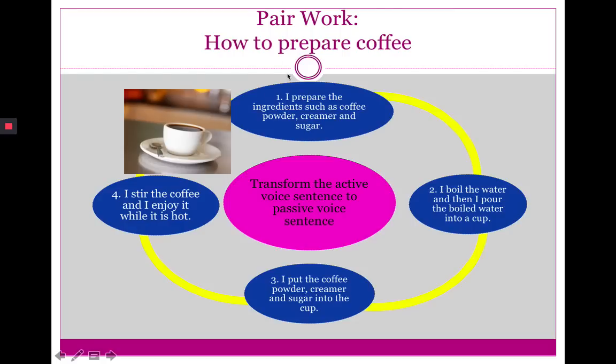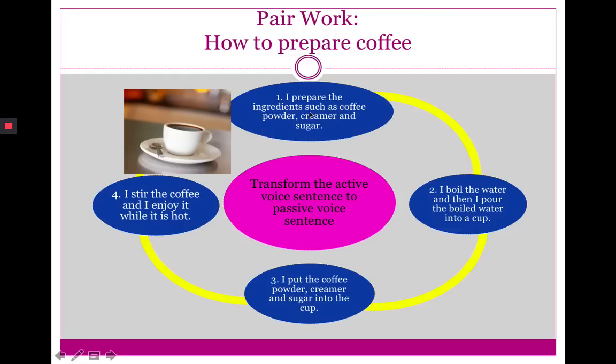So number 1, I prepare the ingredients such as coffee powder, creamer, and sugar. I help you out for number 1. This is your subject, this is your verb, and this is your object. Okay, this is your object. So you change them, right?